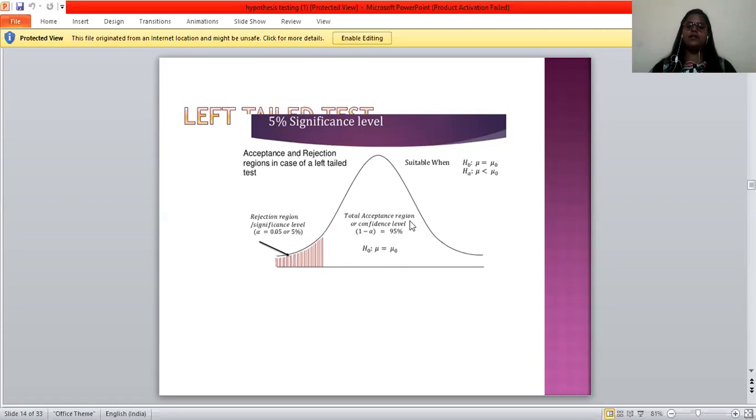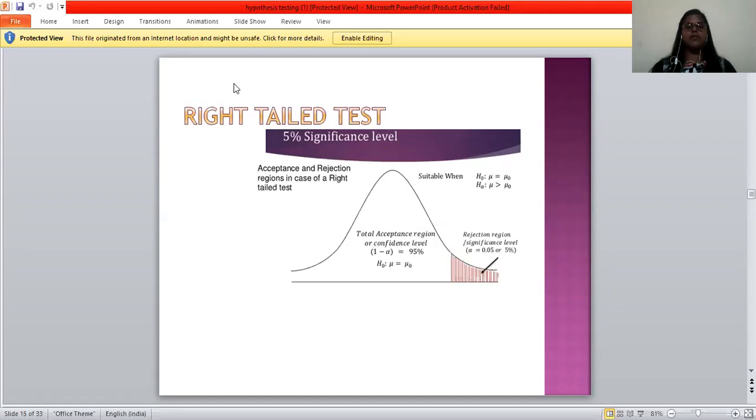The confidence level is 95%. Next we have the right-tailed test. This is suitable when mu is greater than mu naught. So you have a rejection region towards the right at 5% level of significance, and with 95% level of confidence you can accept the hypothesis.